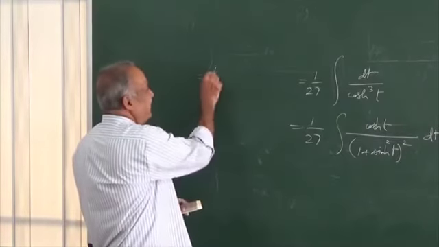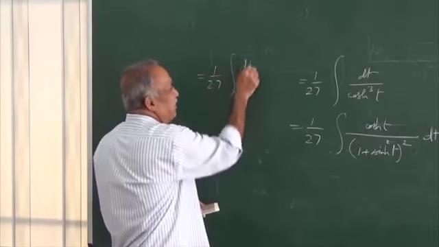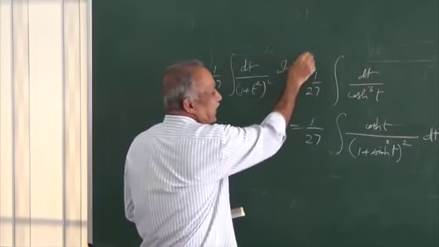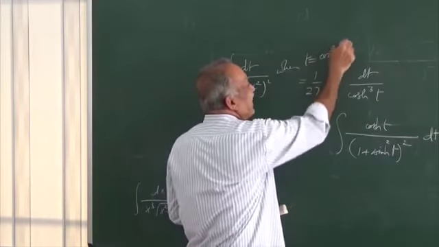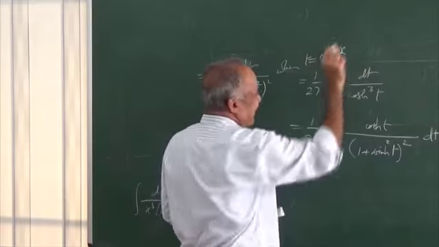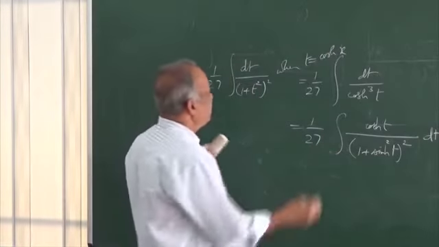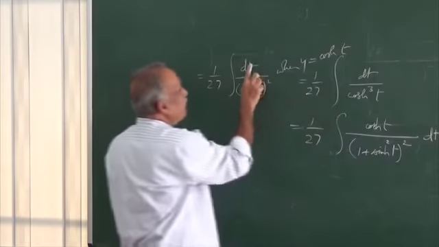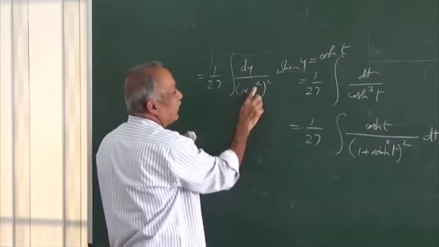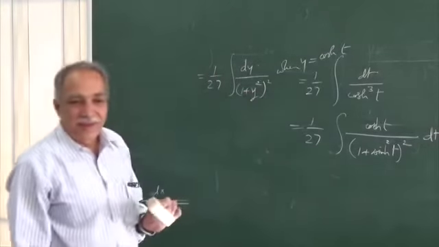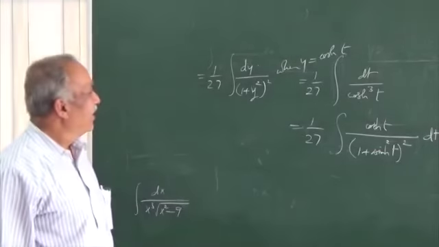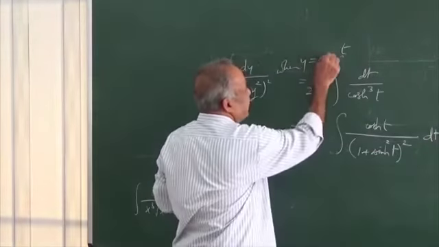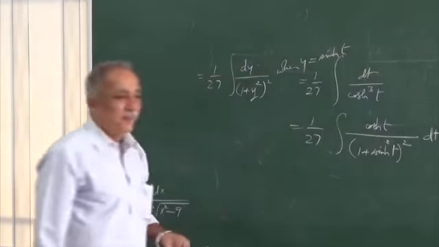What can you try if the integrand is dt by 1 plus t square whole square? Cos h t. So new variable y. Our y is not cos h t, I am sorry, it is sin h t.